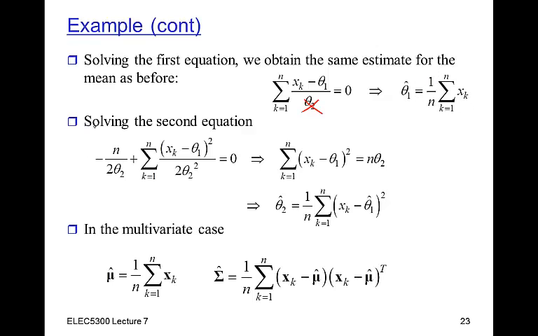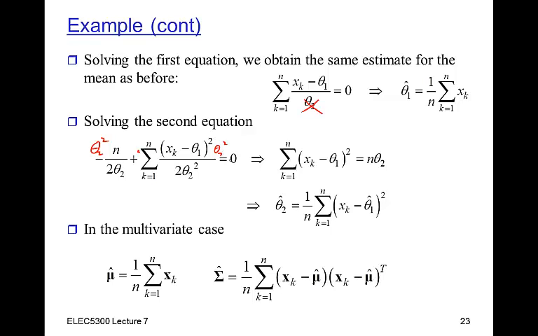And now for the second equation, which is the new thing, which is looking for the variance, I can multiply this whole thing by theta 2 squared. So if I multiply this whole thing by theta 2 squared, then I get a theta 2, and I get a theta 2 squared here, right? Let's say put the theta 2 squared over here.